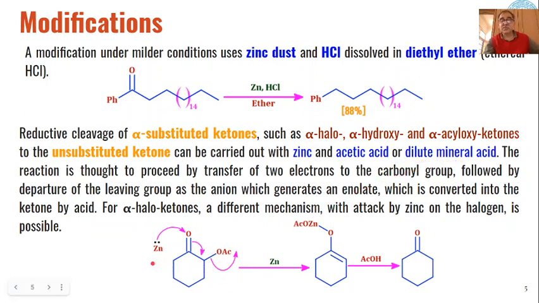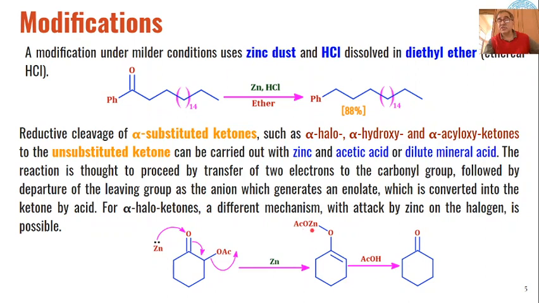So here what happens is zinc dust attacks the oxygen of the carbonyl, and this pair of electrons is shifted to this place to create a carbon-carbon double bond, and this acetate is removed in the first step. This acetate ion will get attached to the zinc, because when zinc attacks the oxygen, this will create a positive charge at the zinc, and this acetate ion will get attached to zinc.